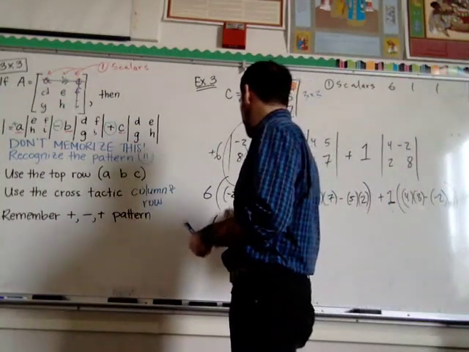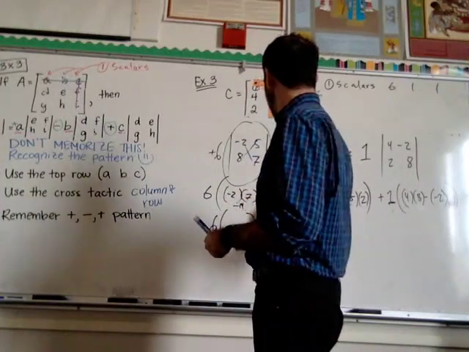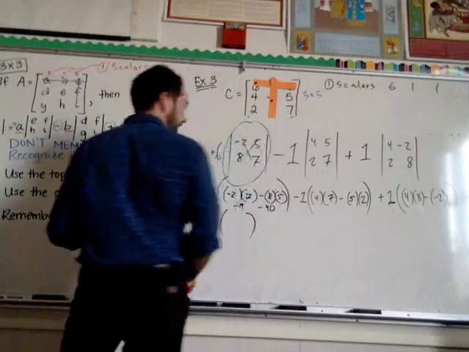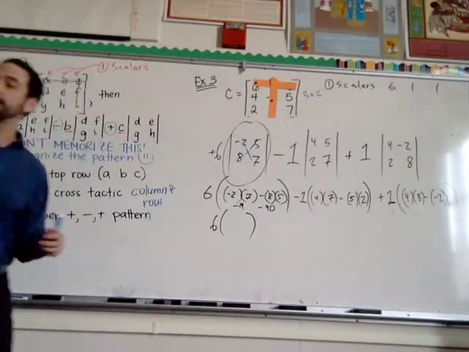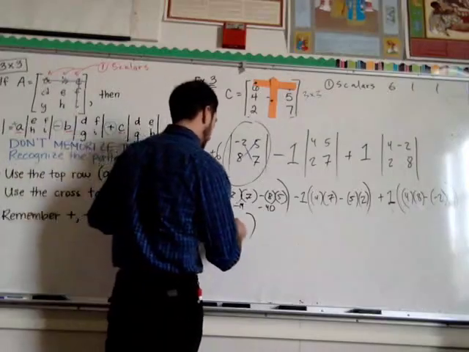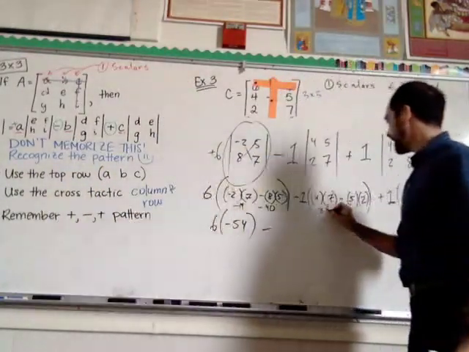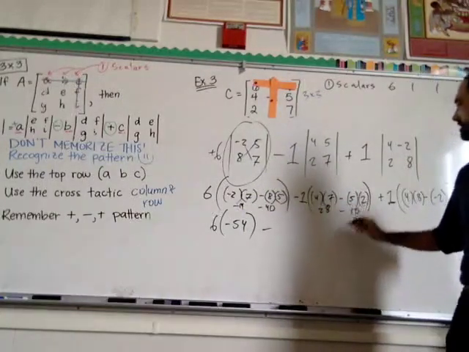I'll just say 6 times. This is -14. This is 40. Minus. So we get -54 times 6. Here we get 28 minus 10.